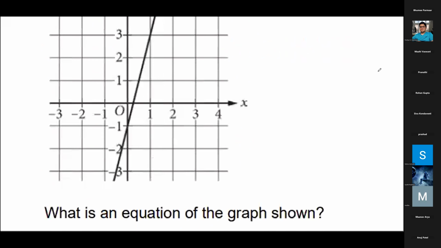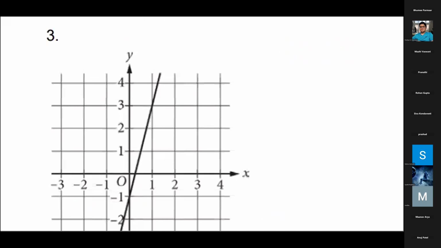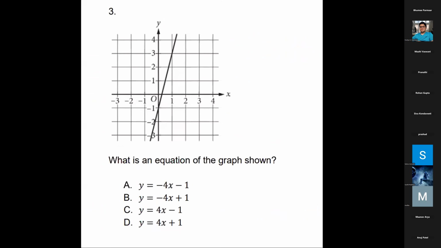Okay, question three. So for question three, what is the equation of the graph shown?